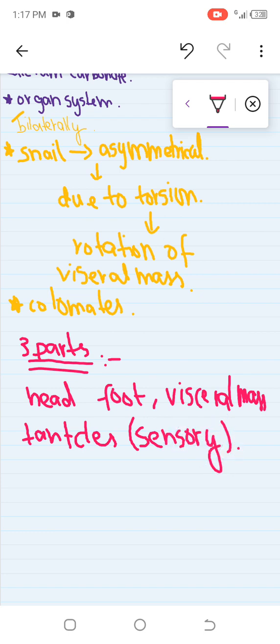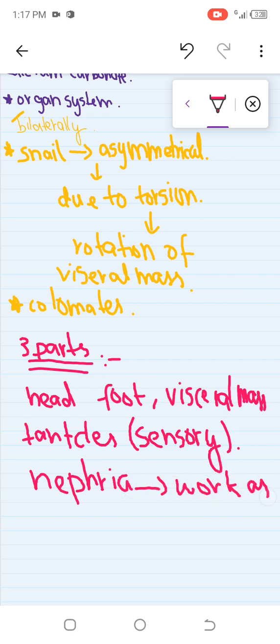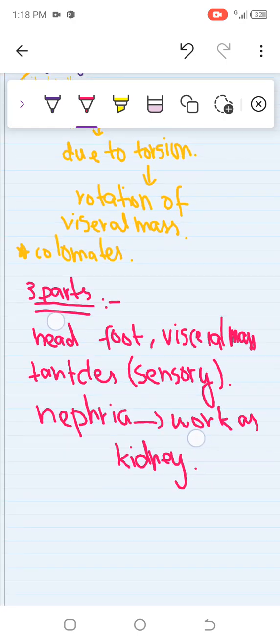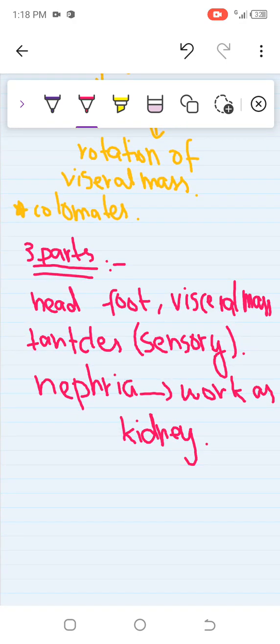The phylum Mollusca contains nephridia, and these nephridia work as the kidney, or excretion system. There is also one most important part, the respiring organ.